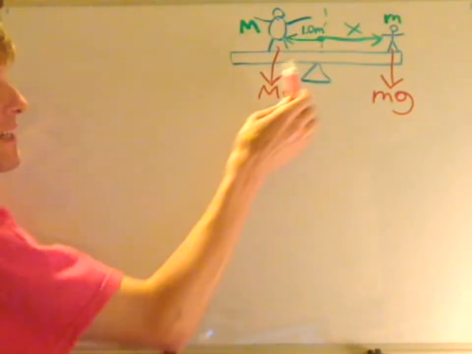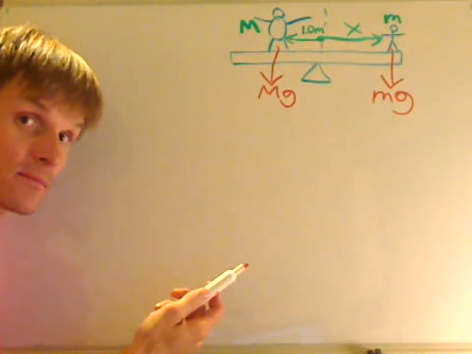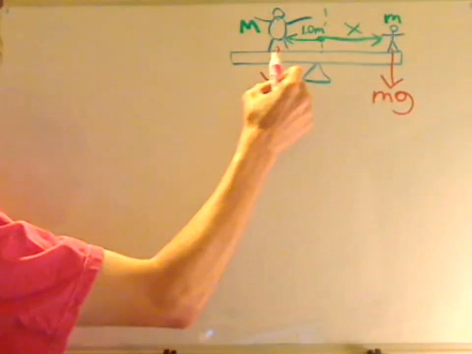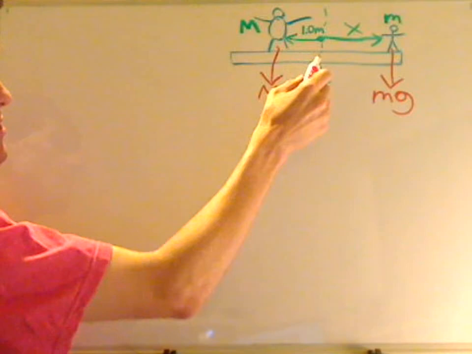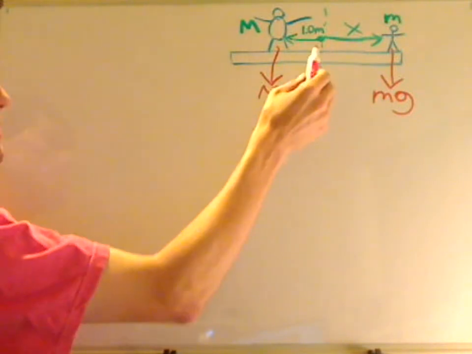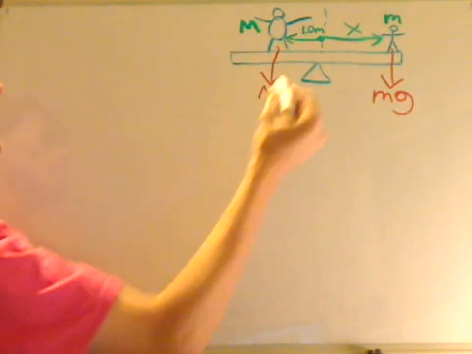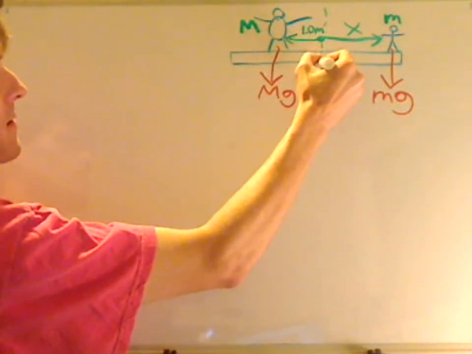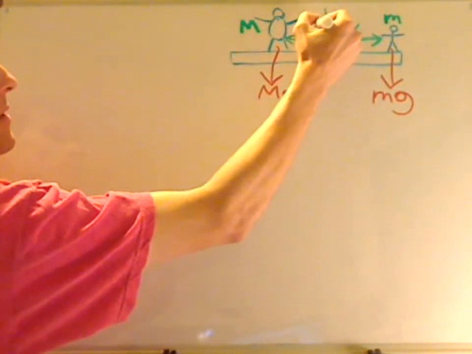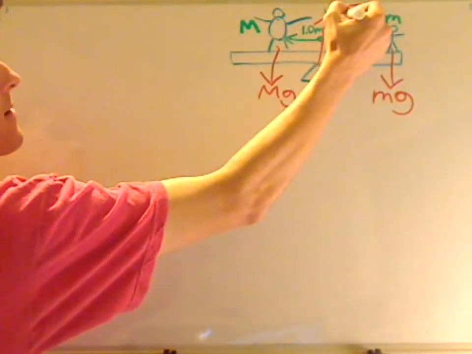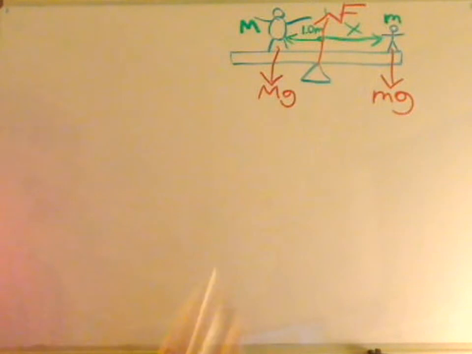Gravity doesn't act on the seesaw because it's massless. But the weight of these two, the gorilla and the person on the seesaw, pushes down on the pivot point, which in turn pushes up on the seesaw. So there's a force up here from the pivot point, which we'll call F. So there's the setup for our problem.